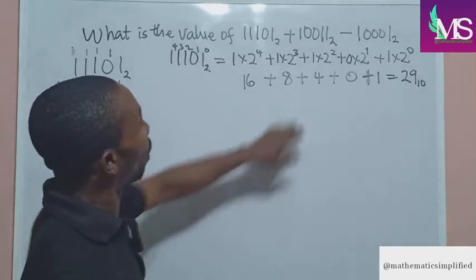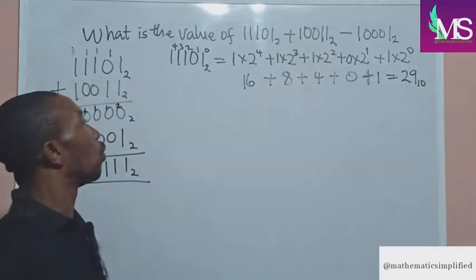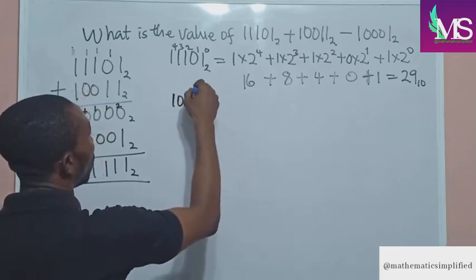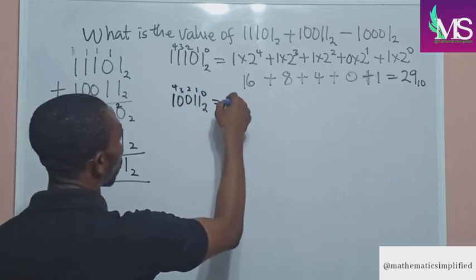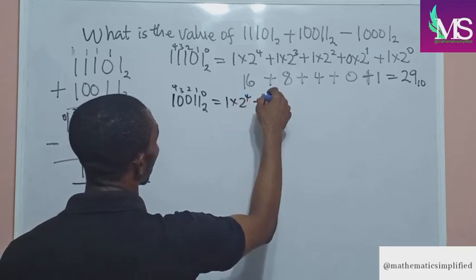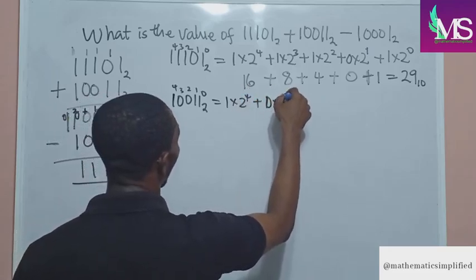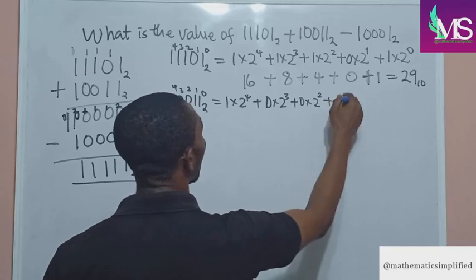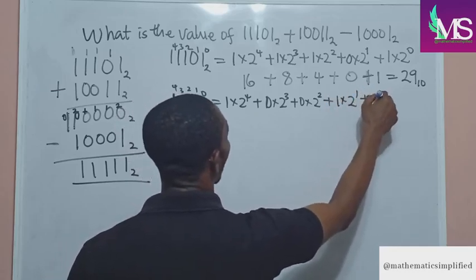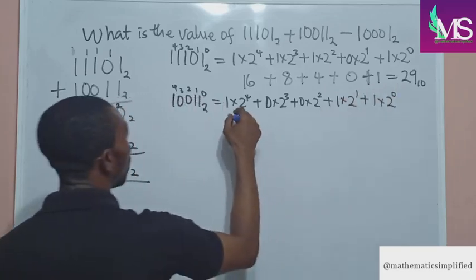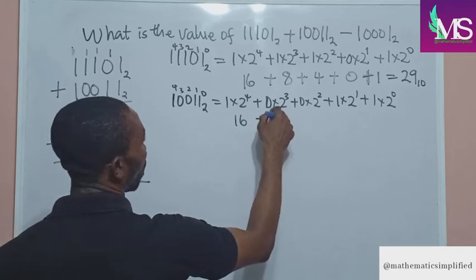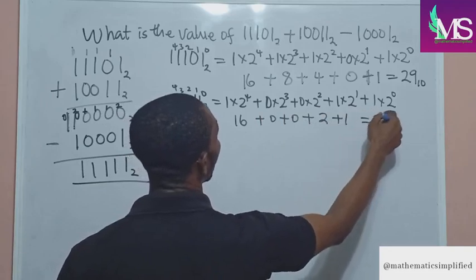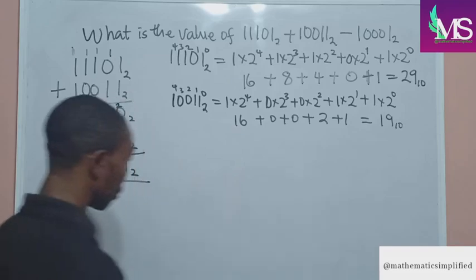Now the next one we are looking at is 10011 base 2. This becomes 1 times 2 raised to the power 4 plus 0 times 2 raised to the power 3 plus 0 times 2 raised to the power 2 plus 1 times 2 raised to the power 1 plus 1 times 2 raised to the power 0. So this leaves us with 16 plus 0 plus 0 plus 2 plus 1, which gives us 19 base 10.